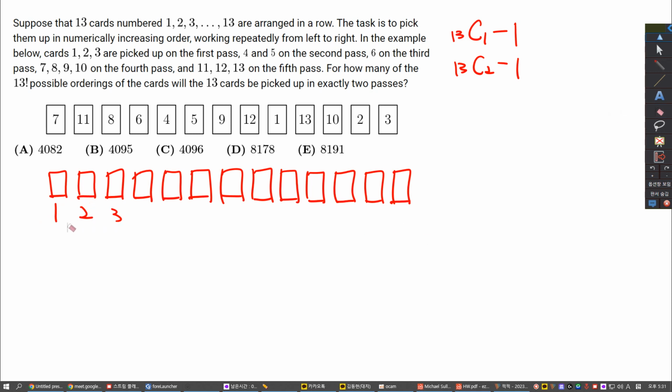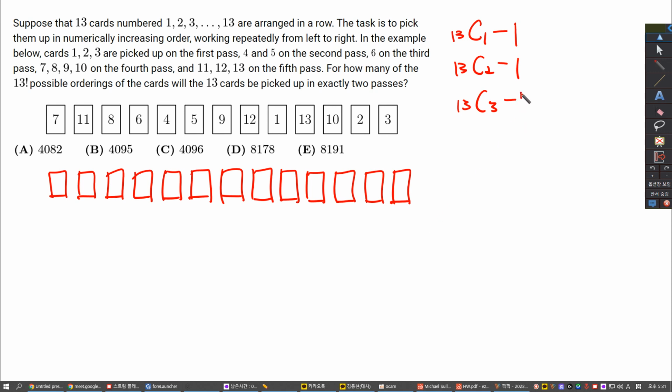So we keep this arrangement. If 1, 2, 3 are in order, we first pick 3 positions for these 3 cards, and then for the rest, we put 4 to 13 according to the order from left to right.